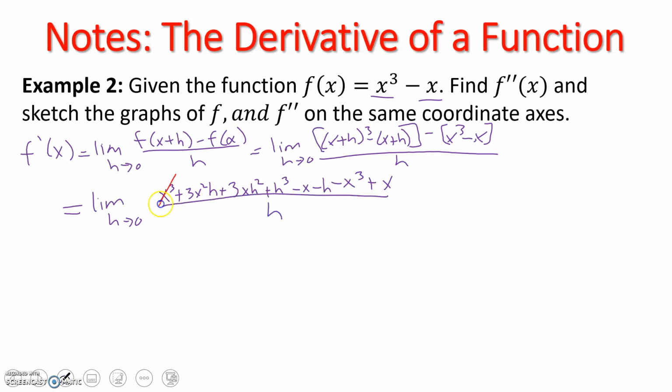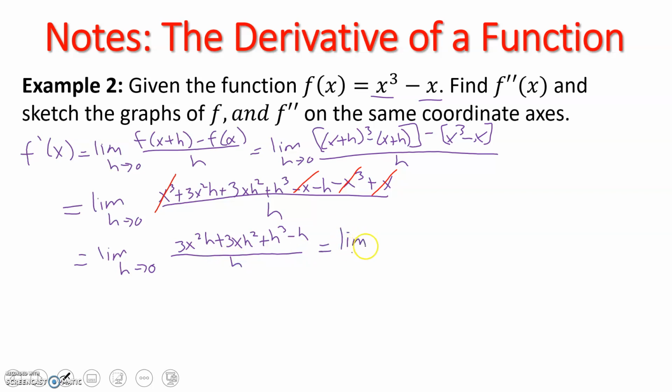We will note that x cubed cancel and that the x's cancel, leaving us with the limit as h approaches 0 of 3x squared h plus 3xh squared plus h cubed minus h over h.